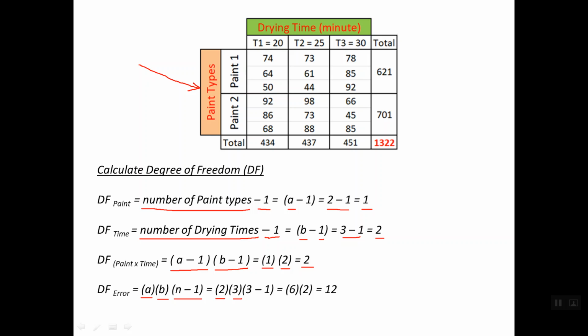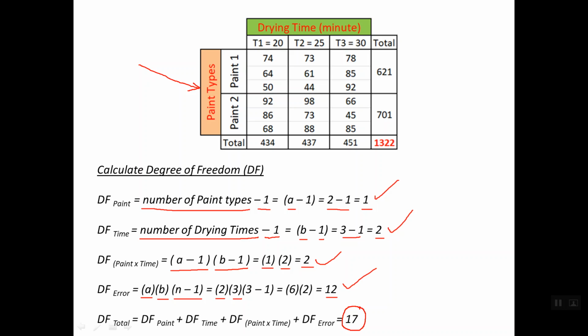So 6 times 2 is equal to 12. We can calculate the total degree of freedom by summing up the 1, the 2, the 2 and the 12. So we get 17 for the total degree of freedom.